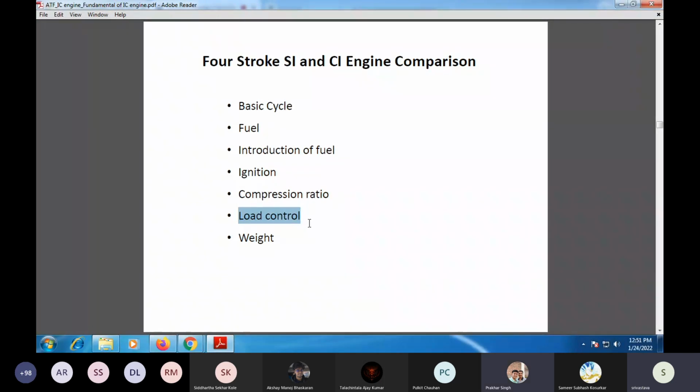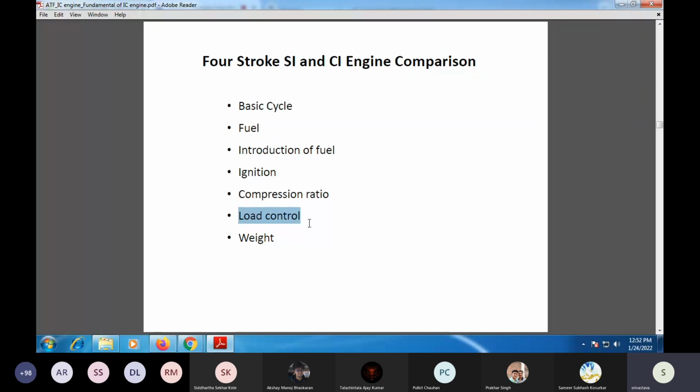As I have discussed 2-3 times, it is going to open the throttle plate, and accordingly you are going to inject the fuel.